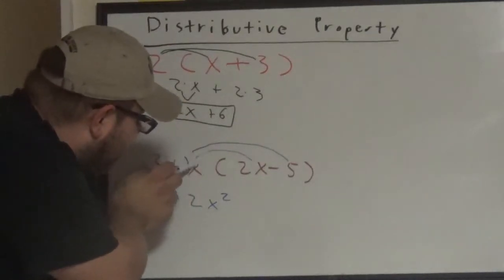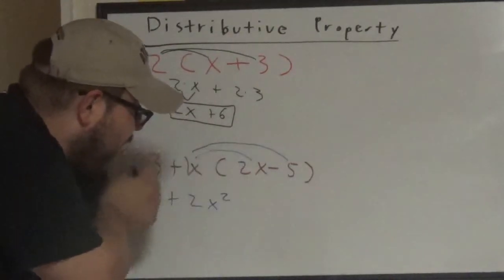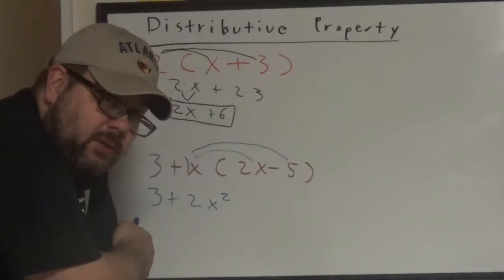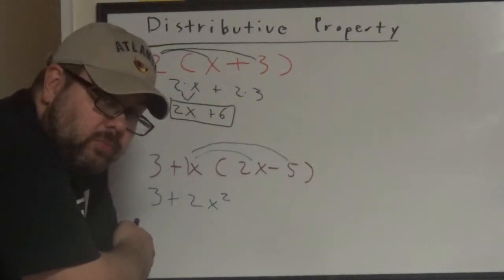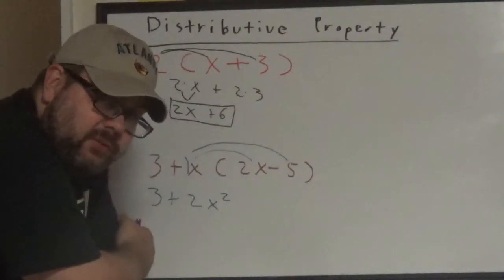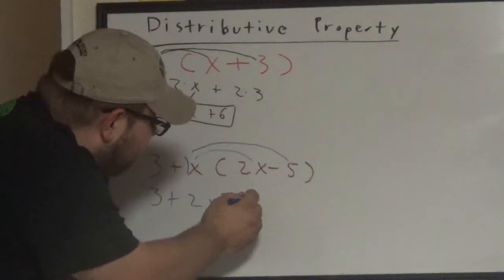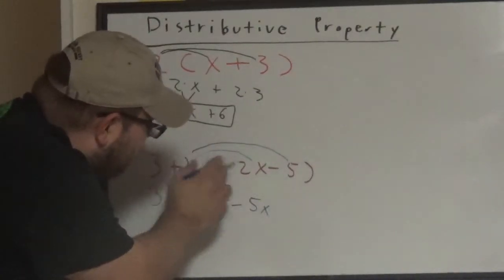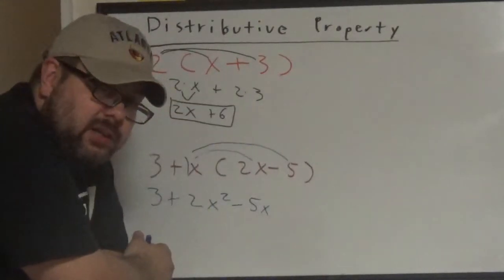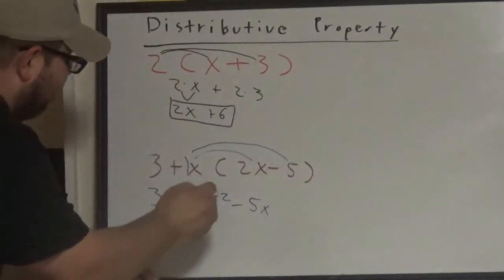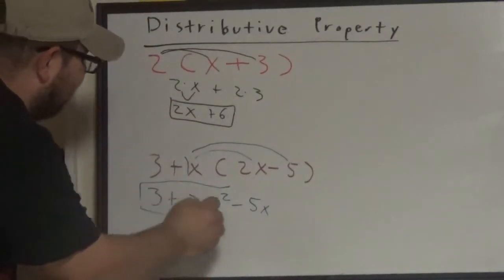And now we have 1x, or just x, times negative 5, or minus 5. Well, we have negative 5x's, and our 1 times 5 is 5, and then we have an x with it to make 5x, or minus 5x.